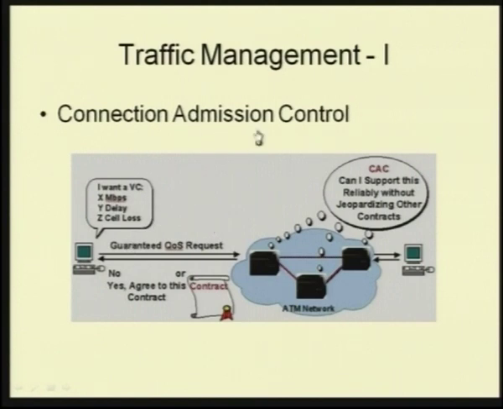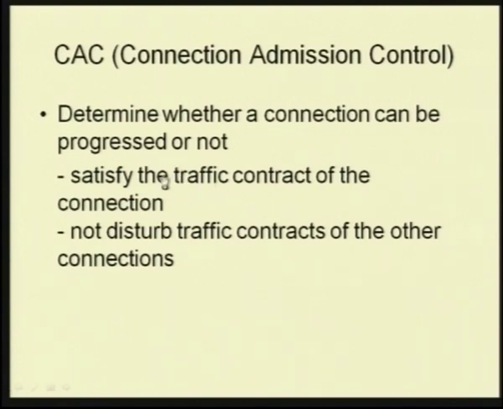So, this is our connection admission control mechanism. What we are essentially doing here is determining whether a connection can be progressed or not, satisfying the traffic contract of the connection and not disturbing the traffic contracts of the other existing connections. This is also important. As long as both of these are satisfied, CAC will go ahead and admit the connection.